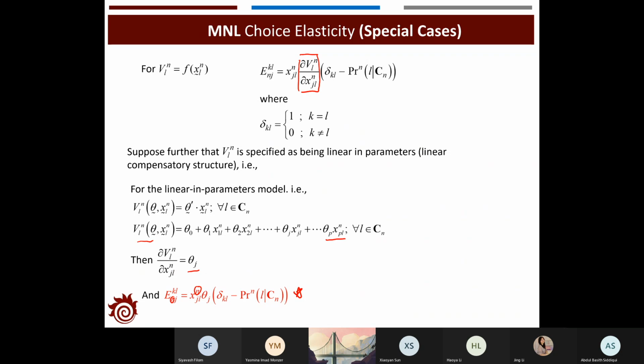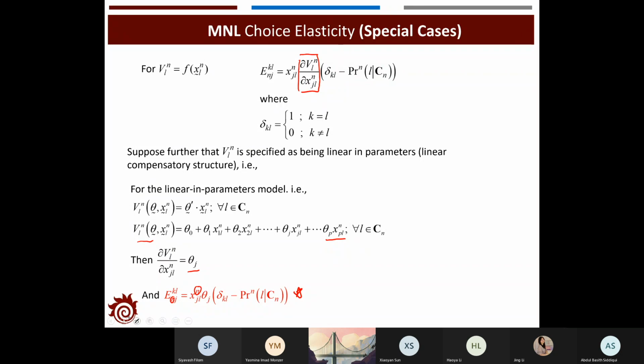So it's only applied for the individual n, but sometimes the changes for this discrete model, the changes of the attributes, may affect all the individuals in the city. For example, if we increase the price of the train ticket or the subway ticket, it actually applies to all the individuals in the city.